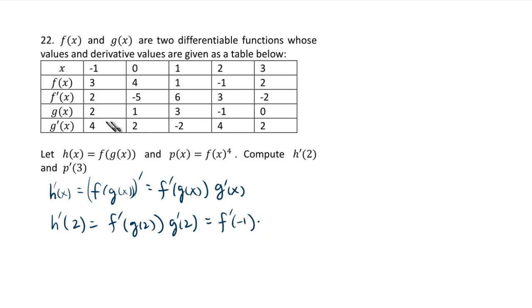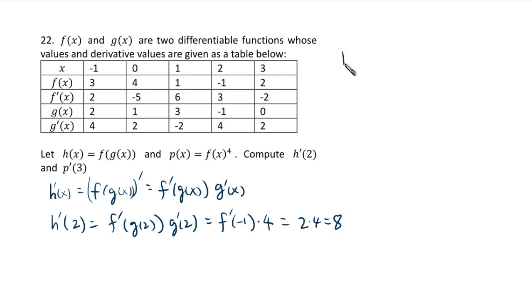What's g prime of 2? g prime is here, 2, and it's positive 4, so we need positive 4, okay? So delete this, positive 4. And then f prime of negative 1, f prime's here, negative 1 is here, so f prime of negative 1 is 2, so we know that should be 2 times 4. Okay, it's equal to 2 times 4, which is 8.